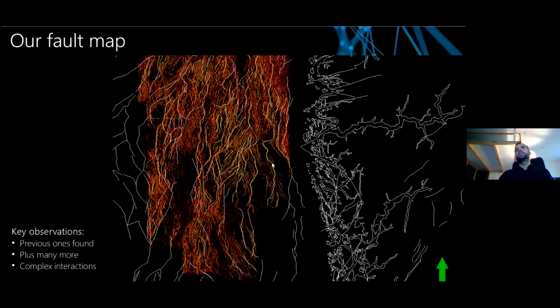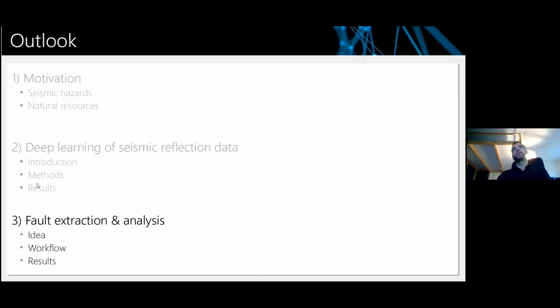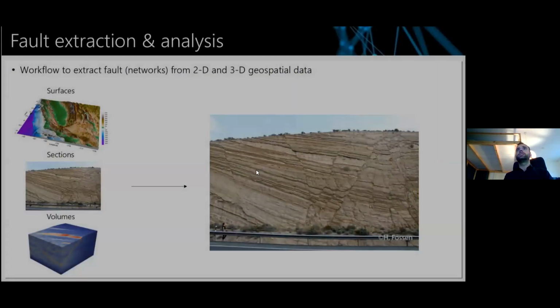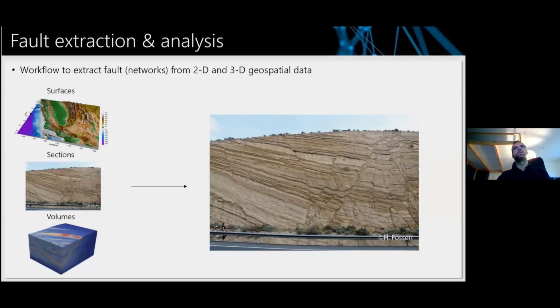Yes, so we saw how we can identify where the faults are, but now we want to analyze them. And to do this, we need to go from this volume to a fault network. And we developed a toolbox that can do this. The basic idea is that you use any input data and you map the fault network as such, as a network.